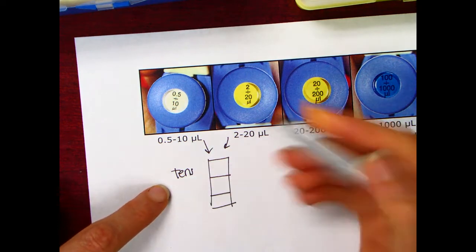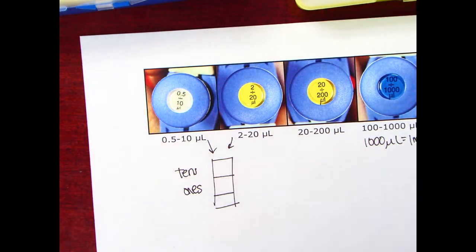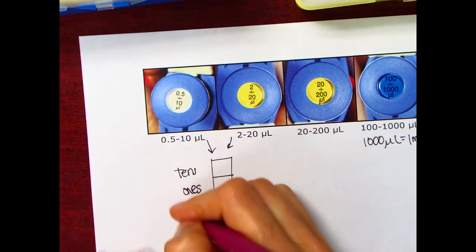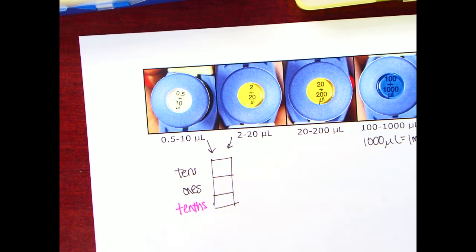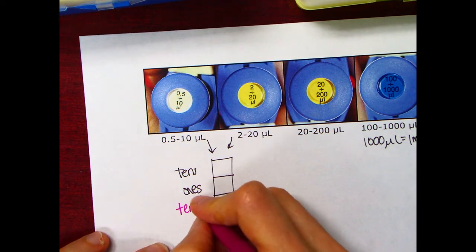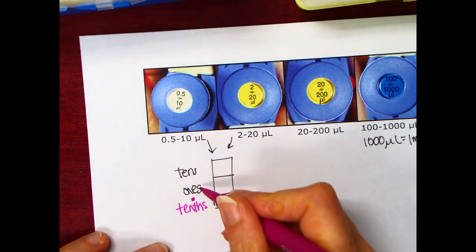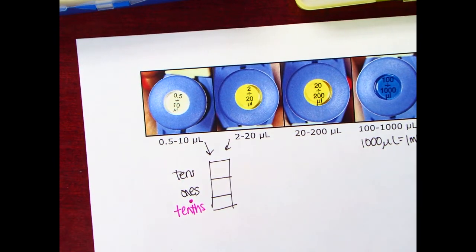So this is the tens place. This next number is the ones place. And then the bottom number, I don't have a red, so we're using maroon, is the tenths place. That is why that number is red: to tell you that between the ones place and the tenths place, there is a decimal.